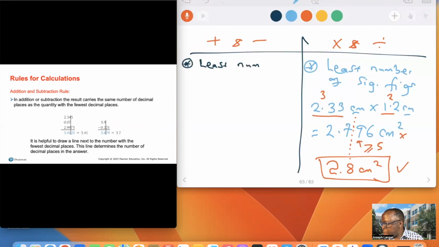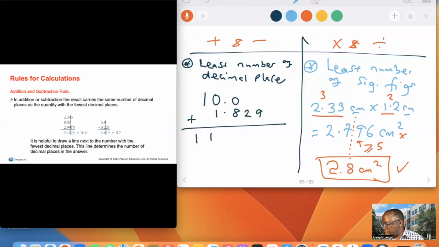For example, 10.0 plus 1.829. This will give us 11.829. I just picked a simple number.